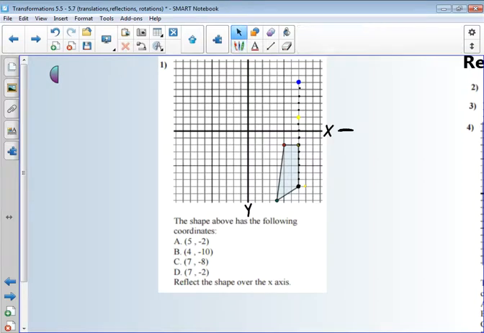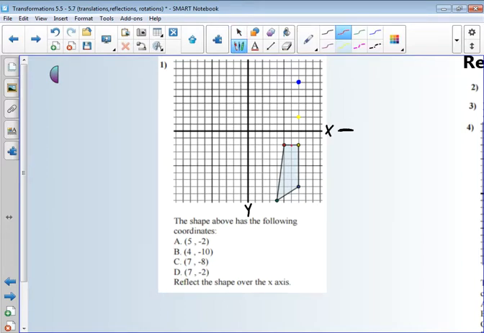So that's one method you can use, to count them out. I'm going to erase that yellow dot for just a second, and put it back on. You can count out from each and every single point, or you can reflect one point and then count from it. If I wanted to work off of my reflection, I can continue what I was doing, or to do my red point, I could use this process.